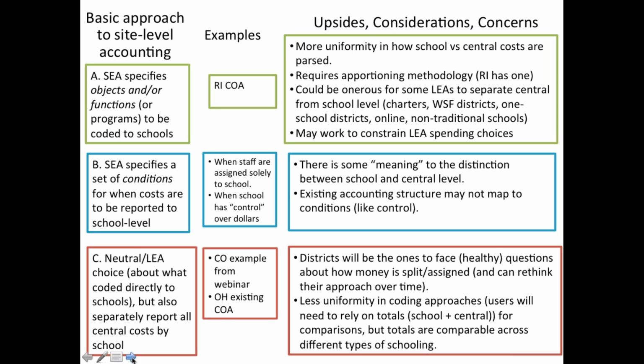In this case, the districts are the ones to face the potentially healthy questions about how money is assigned. So let's say there's a bunch of money at the central office, and the schools say, how come you guys have so much of our money?